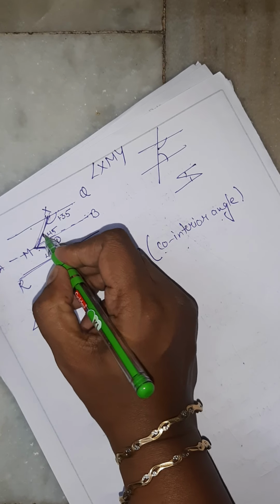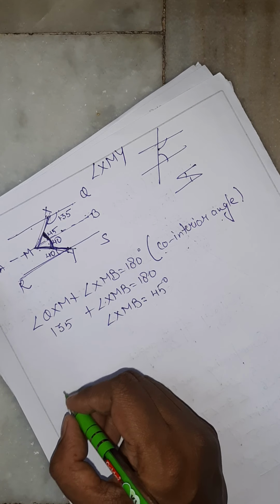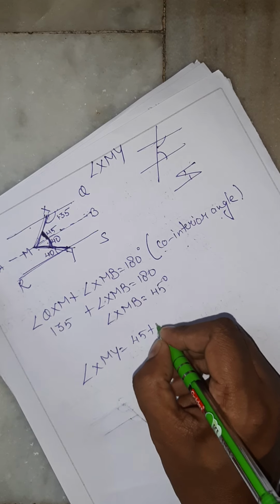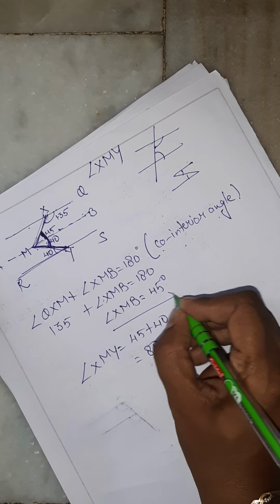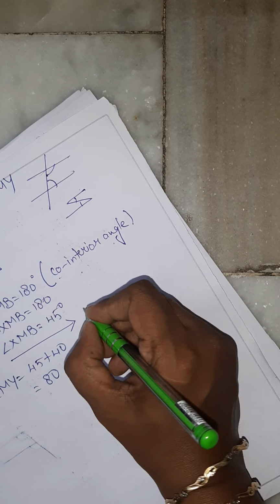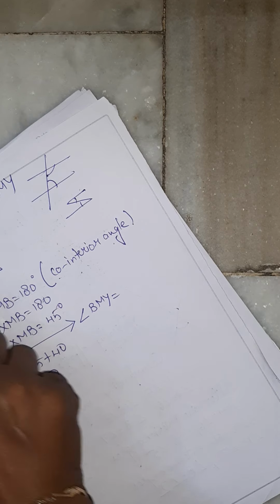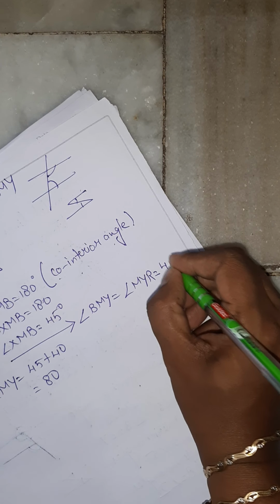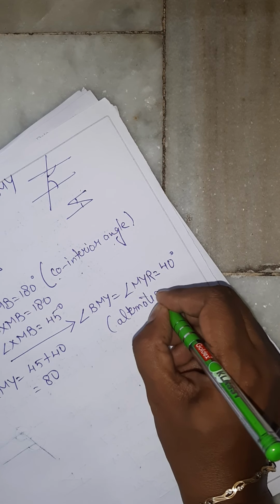So can we say that this is equal to 45 plus 40, that is XMY equals 45 plus 40, that is 85? Right? Before that, don't forget to write about this alternate angle, that BMY is equal to MYR. MYR is equal to 40 degrees, and the reason for this is alternate angles.